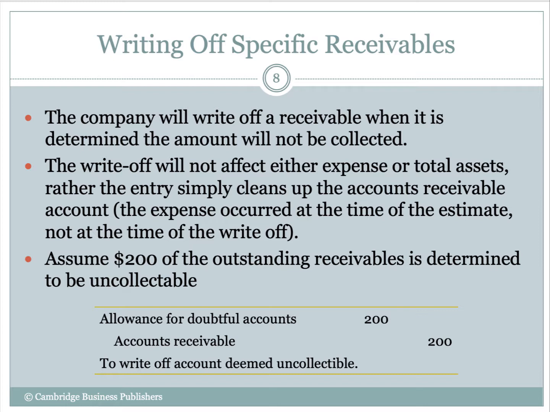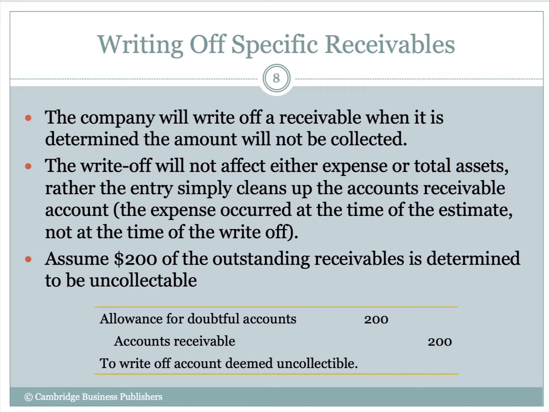What we need to do is clean up the accounts receivable account. That's all we're doing. What about the expense? The expense occurred at the time that we estimated the allowance for doubtful accounts, not at the time of write-off.